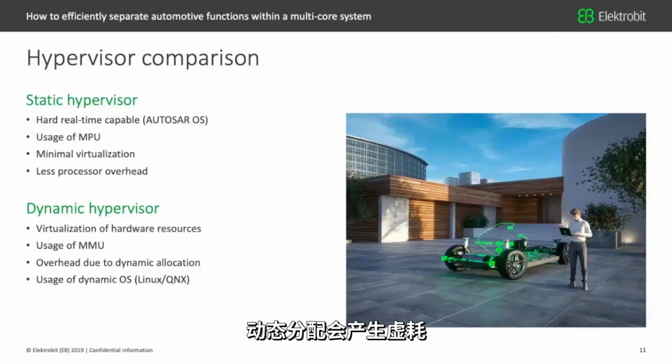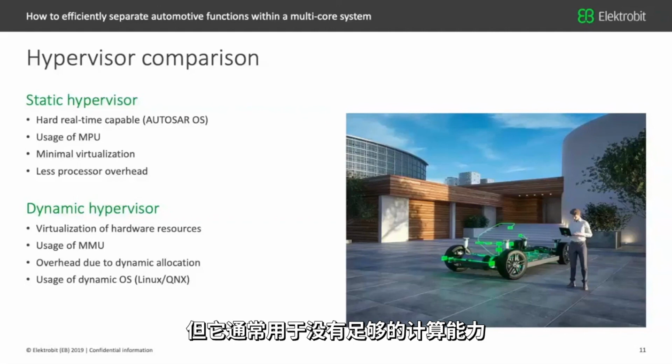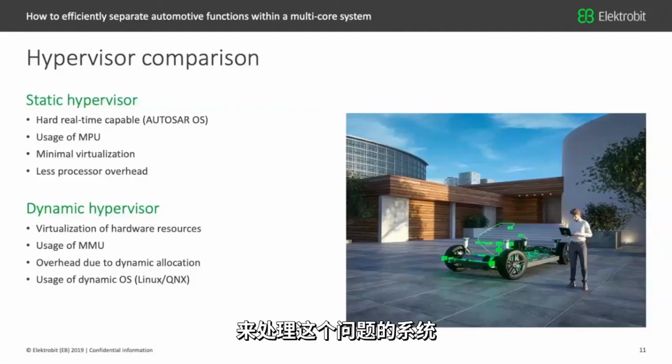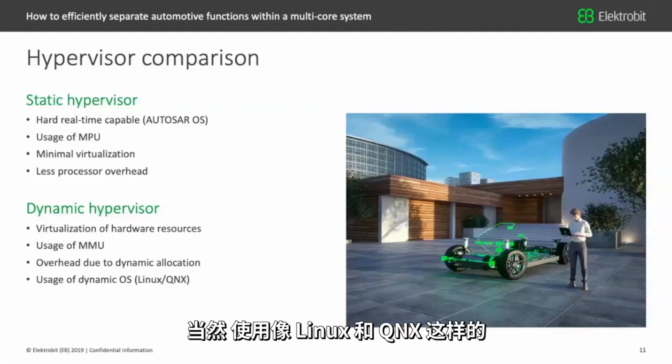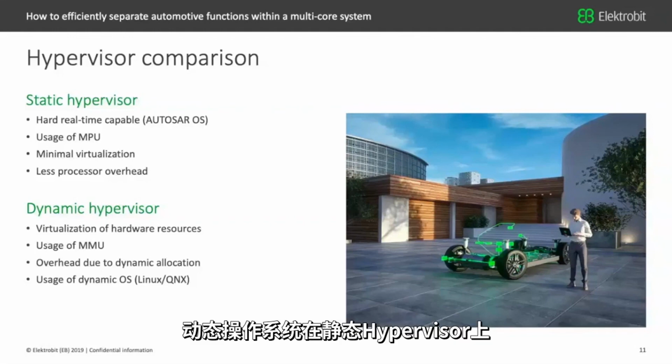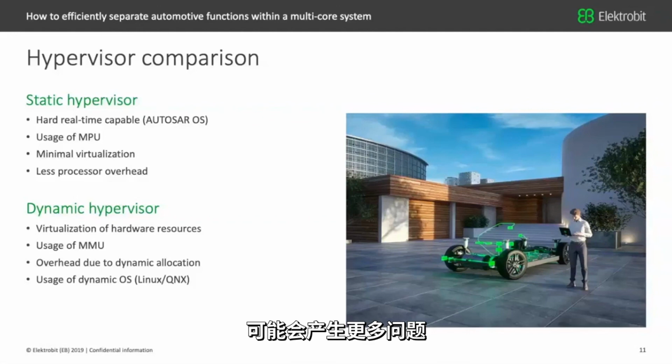Due to the dynamic allocation, I have to pay a penalty for this dynamic approach, but usually it's used on systems which have enough calculation power to deal with that. And of course, there is the usage of dynamic operating systems like Linux and QNX, which might be more problematic on the static hypervisor.